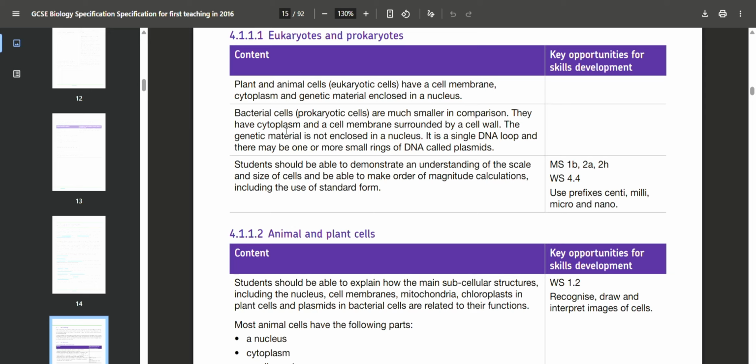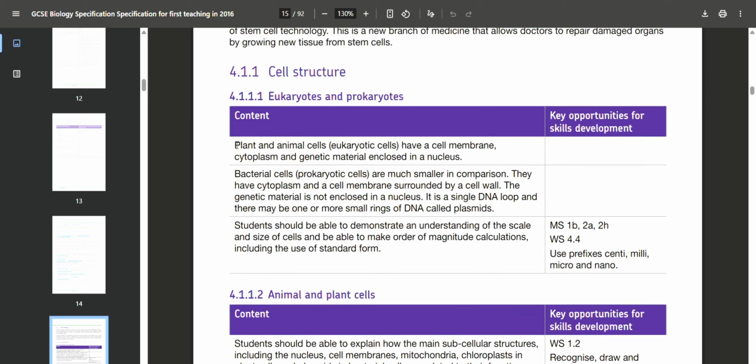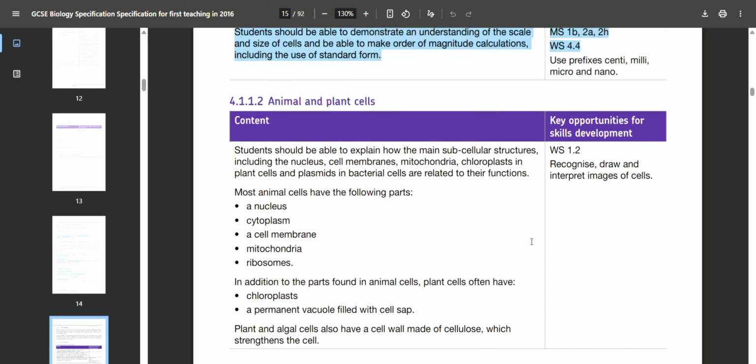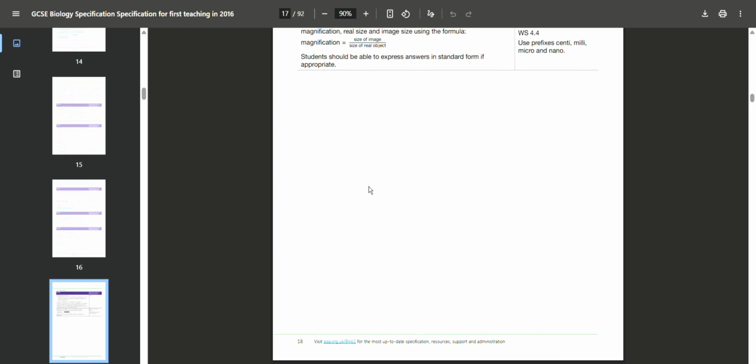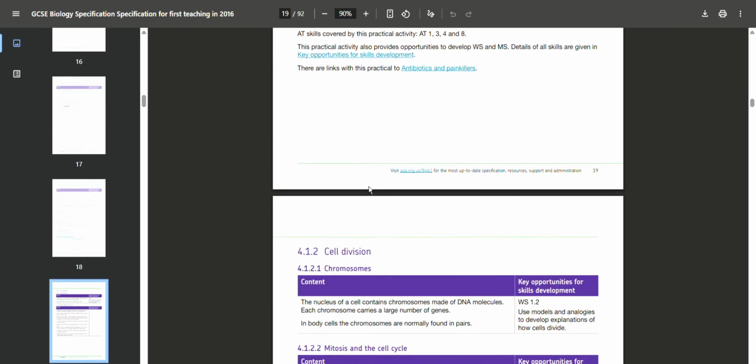So another tip that I do have for using the specification is that it can usually tell you definitions. Not only that, you can read everything that you do need to know. This is everything that you will be tested on, but you can sometimes get definitions as well for different things. So for example, let me find a very good example here.